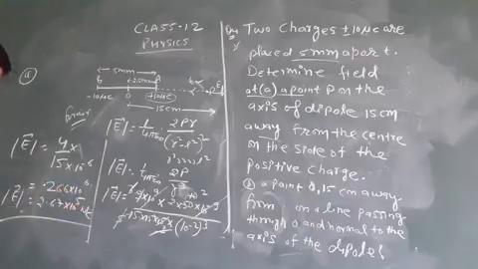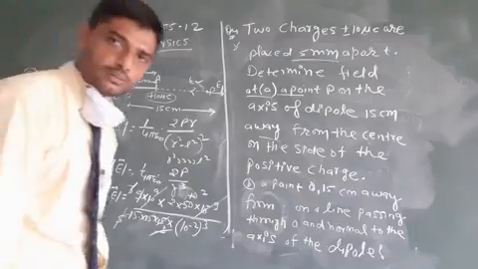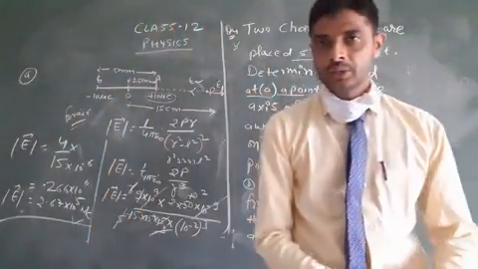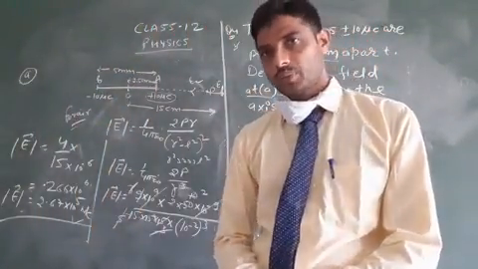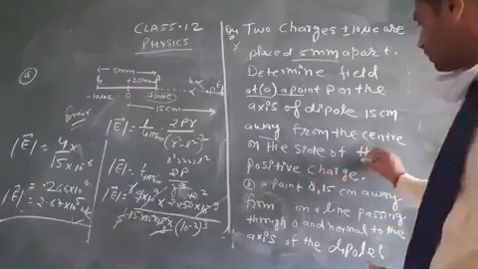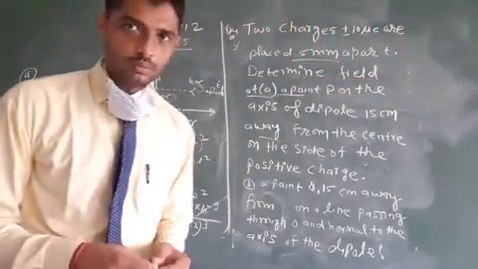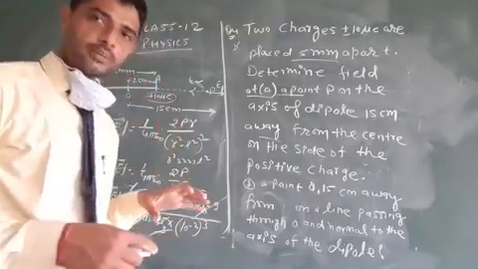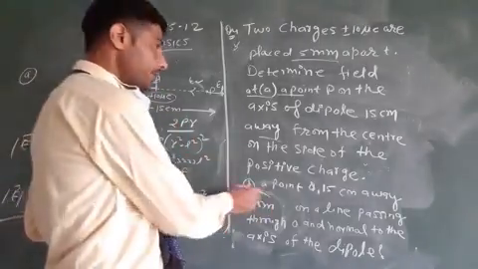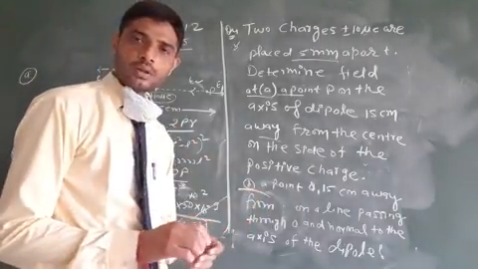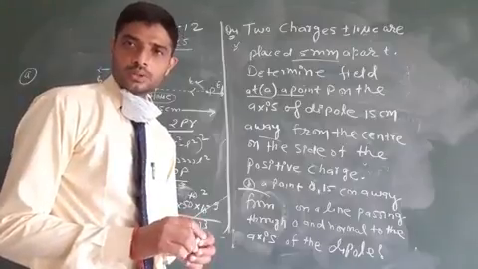So 2.67 times 10 to the power 5 Newton upon Coulomb. This is the value of electric field intensity due to a dipole. The second part of this question I will explain in my next video. Okay, so thank you.